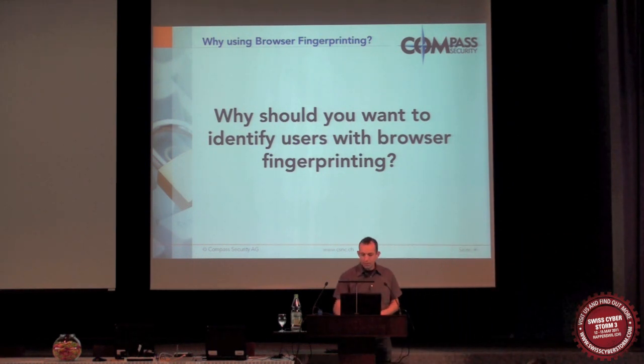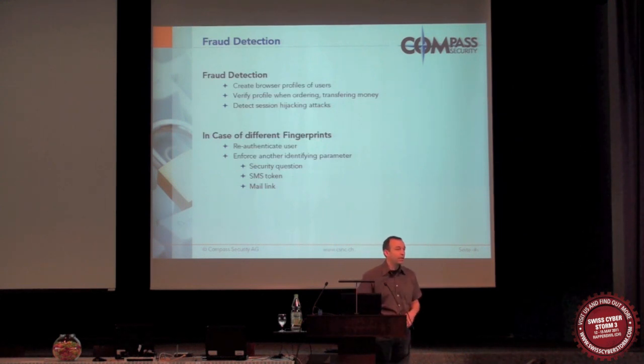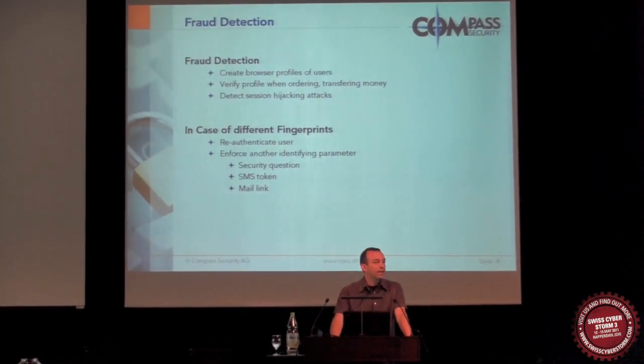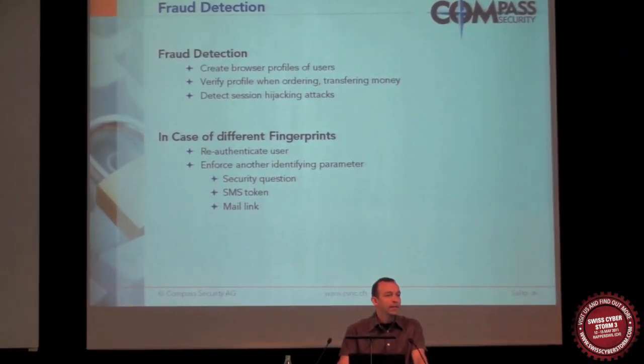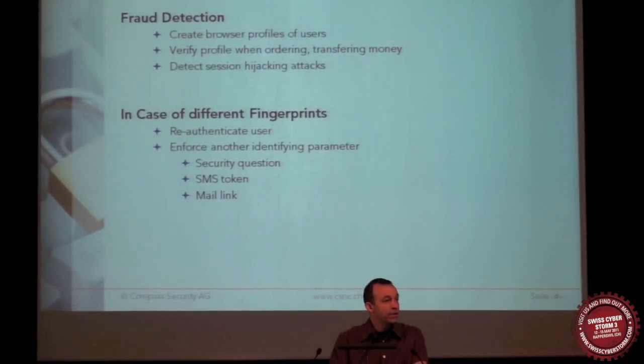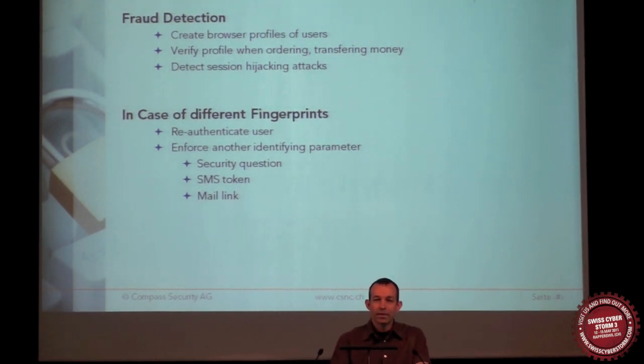So it's also called fraud detection, for example, in e-banking. And it's very useful because the bank can implement this functionality and the user does not have to change any of his behavior. But the bank can say, okay, something is strange with this connection, and do some things like SMS token or pose him a security question or what else.